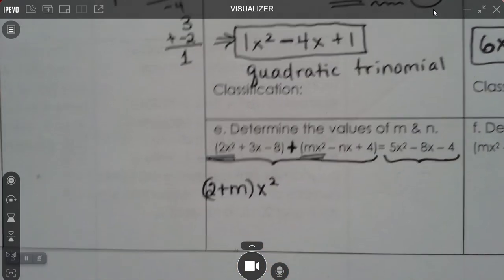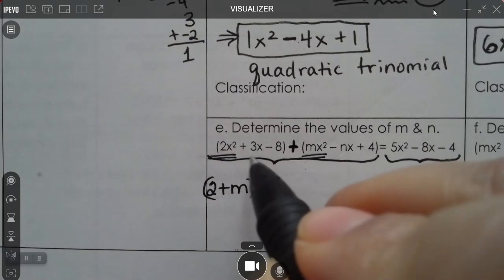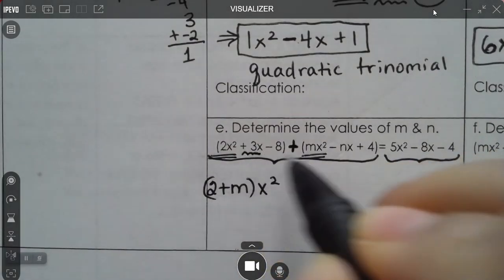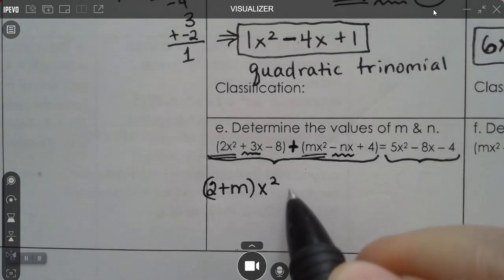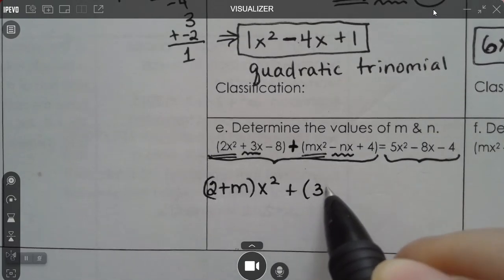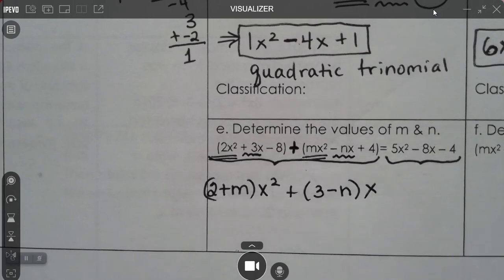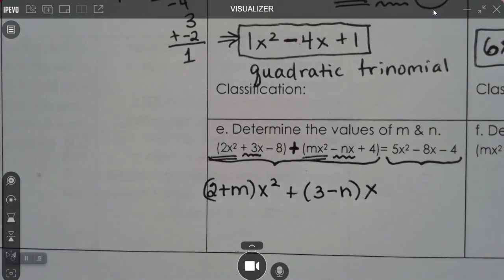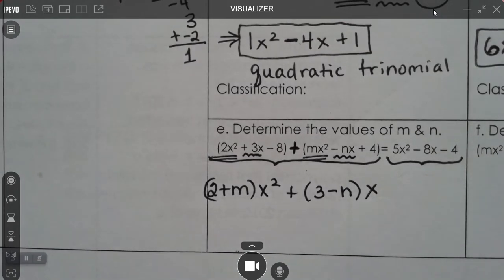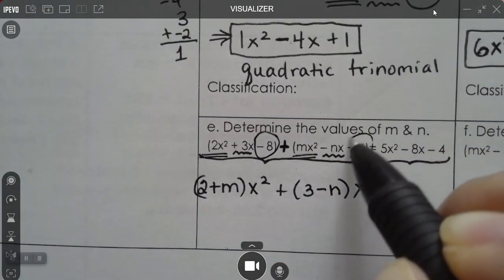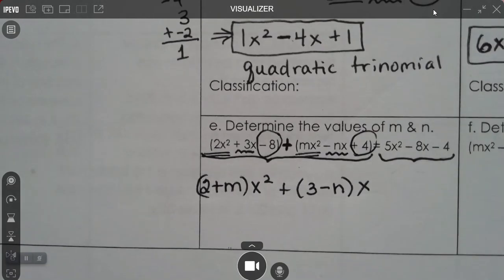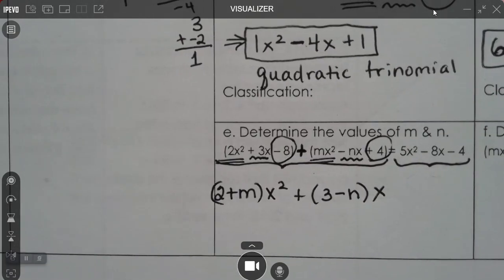Now we're going to do the ones that have the single x. That would be the 3x over here and the negative nx over here. So this is going to become 3 minus nx. And the constants are going to be nice to us. They're both constants, but one is negative and the other one is positive.